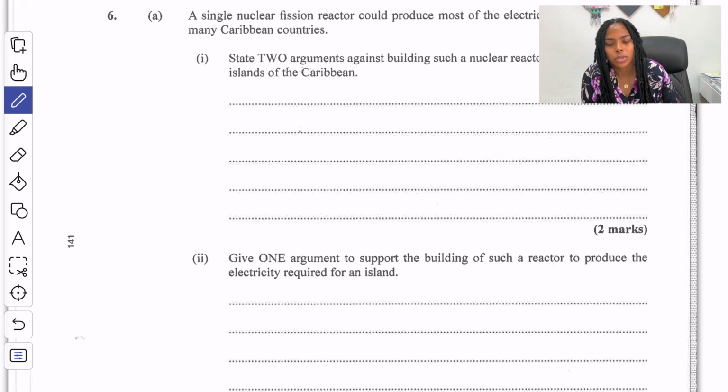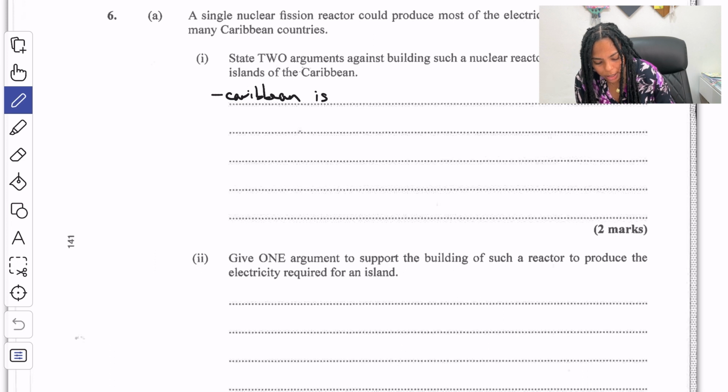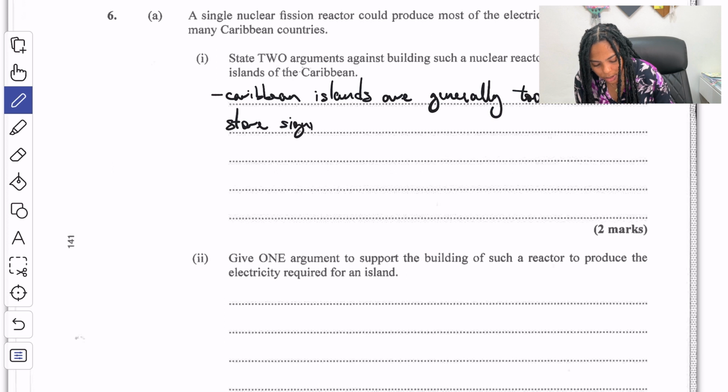So one will be that Caribbean islands are generally too small to store significant amounts of radioactive waste.